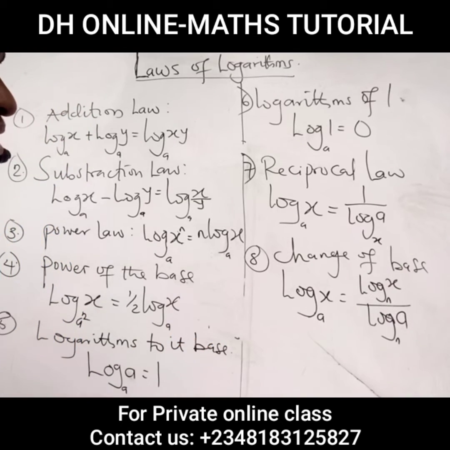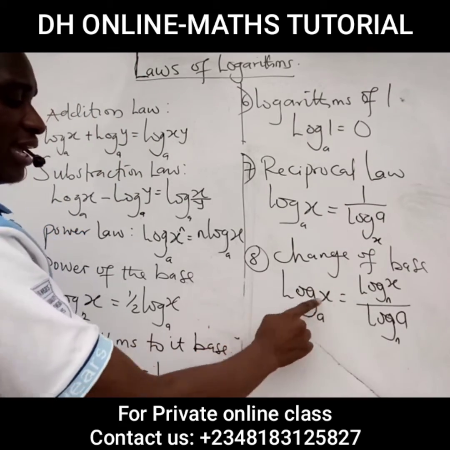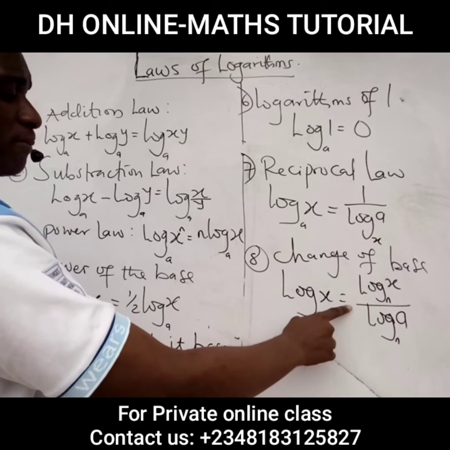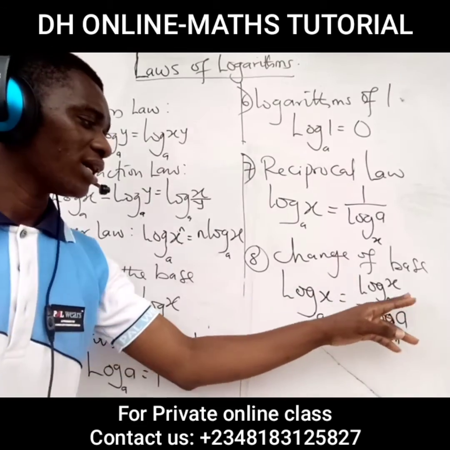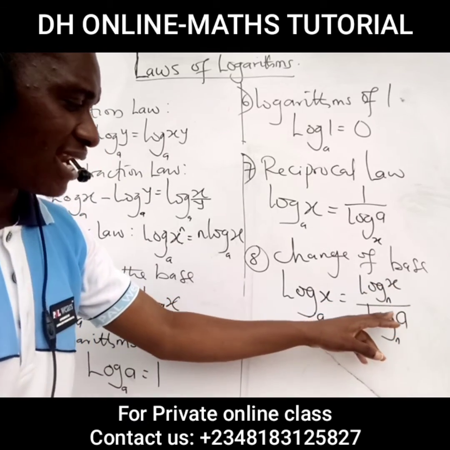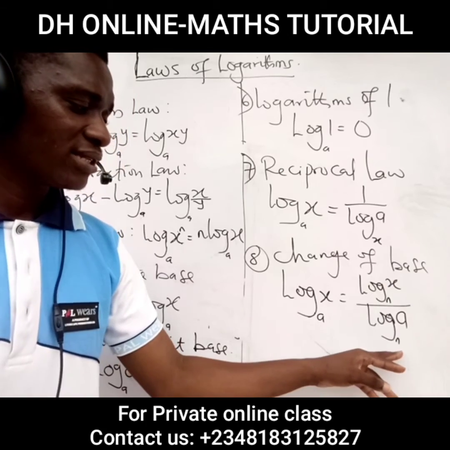What happens here is that when you want to change the base of a log, the law of change of base says that if you have log x base a, it is equal to, if I want to change the base now, log x base n over log a base n.